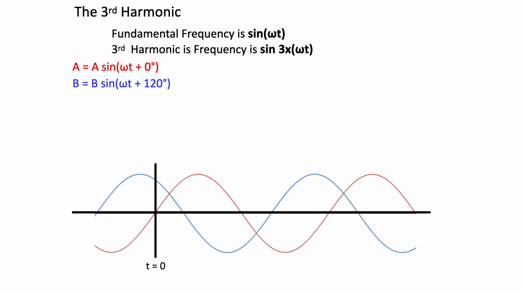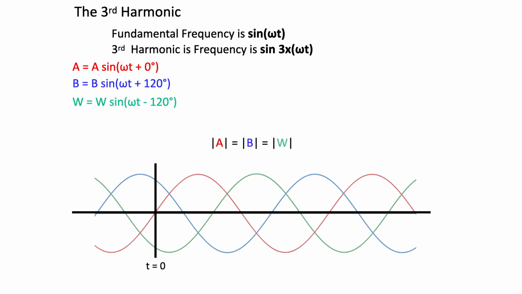And the white phase frequency is lagging the red phase by 120 degrees, making the sinusoidal waveform formula W equal to W sine omega t minus 120 degrees. Now, keep in mind, we're talking about a balanced system here, so the magnitudes of the A, B, and W phasors are equal, but I'm going to leave them as A, B, and W for now.